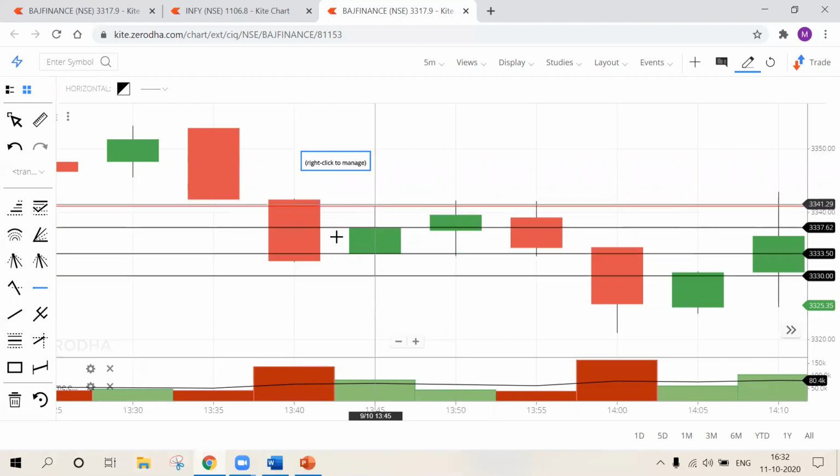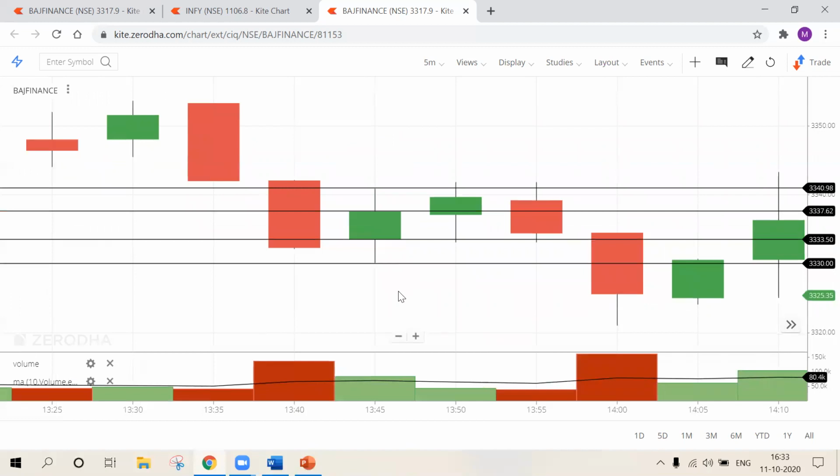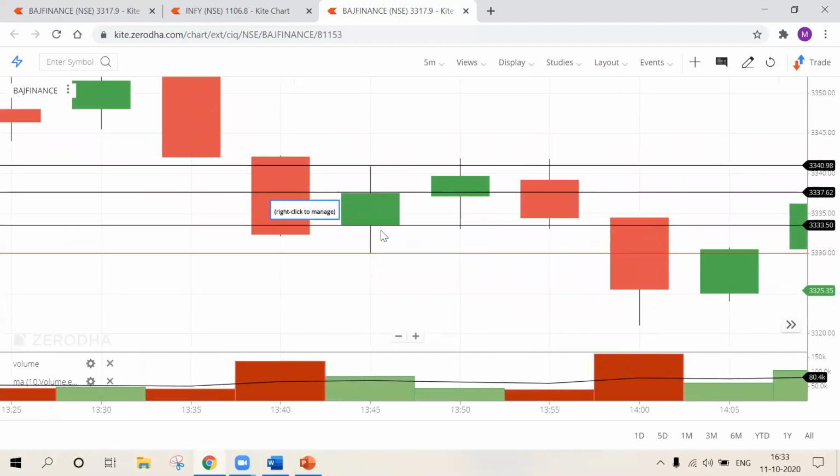Now I have divided the candle into 4 parts. Among them, this is the low of the candle, this is the high of the candle, and this, where the color appears green, is the body of the candle. The shaded part is called the wick of the candle, and this bottom shaded part is also called the wick of the candle. This wick is where the opponents came and fought and won.